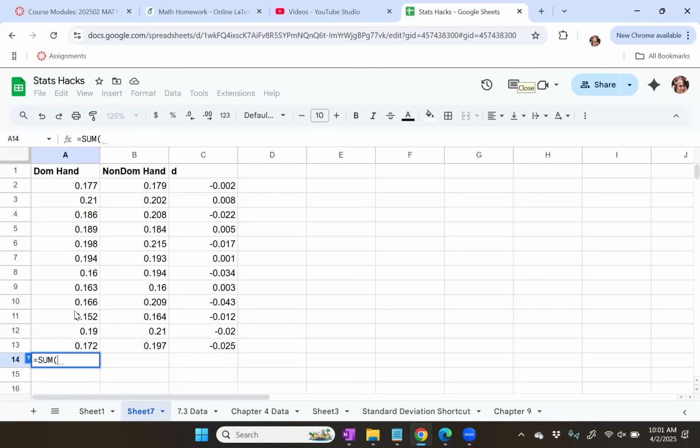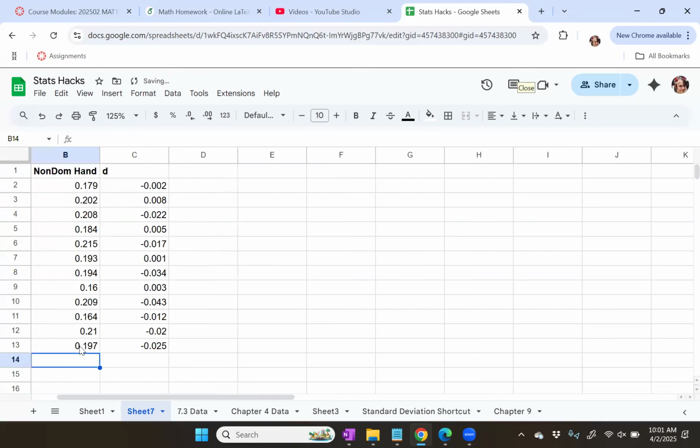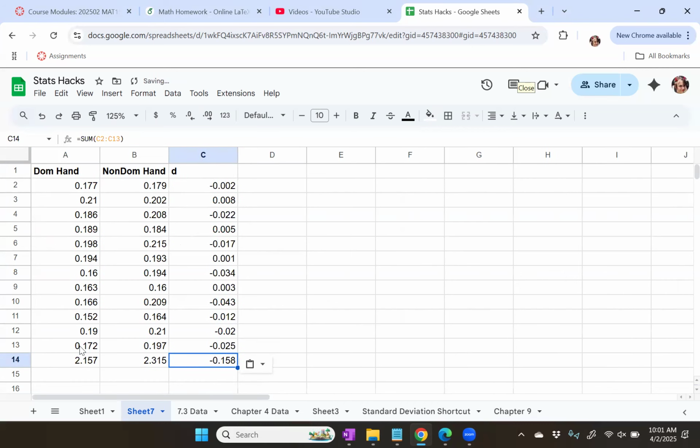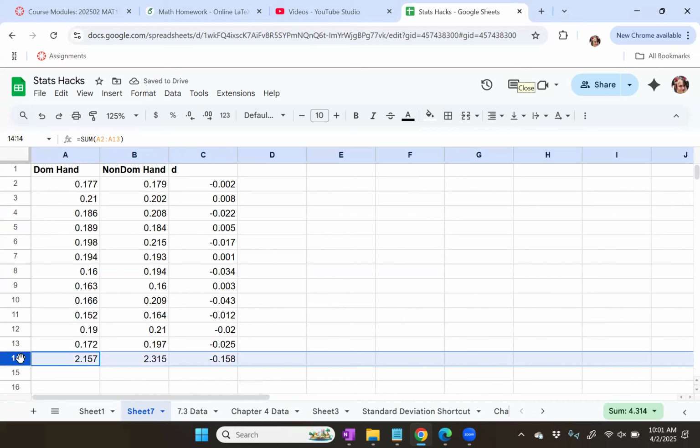The important thing we need is our difference column for now.